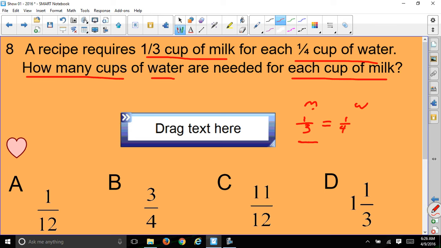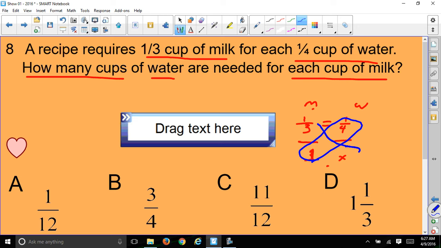And we're going to compare by ratios or proportions, I'm sorry, equal fractions here, and we're looking for how many cups of water. So let's put X over here for the water and put a 1 cup of milk. And now to solve proportions, when we're missing a term, we cross multiply.